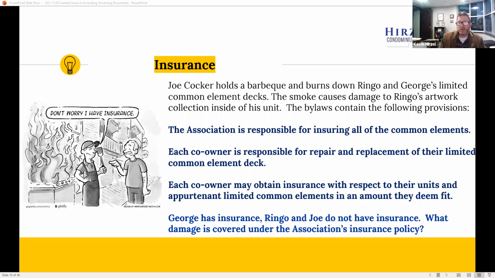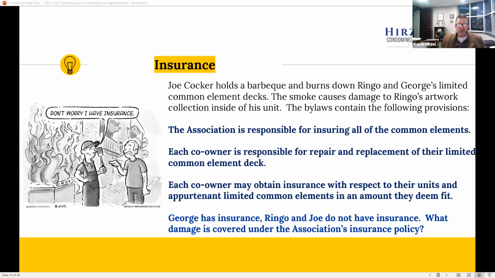This type of thing, which is who's responsible for it and who insures it, happens all the time. And the outcome is dictated by the documents, which sometimes have differing and conflicting outcomes, and sometimes have outcomes that are not desired by the community. But in the example that we have, I'll give you how I would have expected it to shake out, although it would be controlled by the documents themselves.